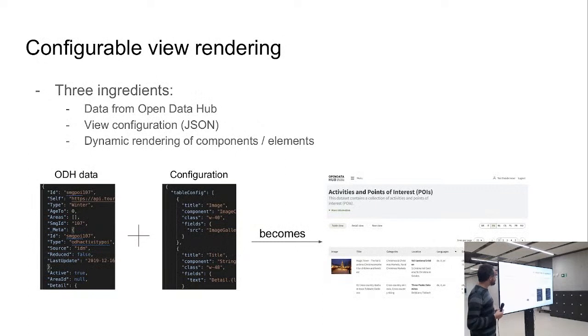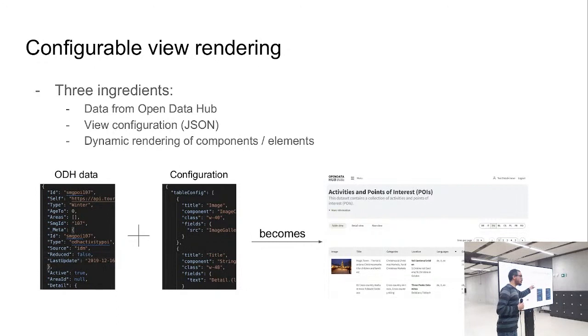Now, how does such a configurable view rendering work? There are three ingredients. First, you need the data. Then you need a configuration that says, okay, I want to take this piece of data and want to show it like that. And if you combine that, you have some dynamic rendering of the components.